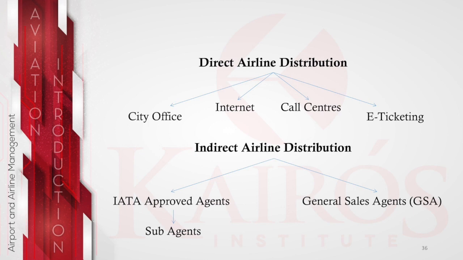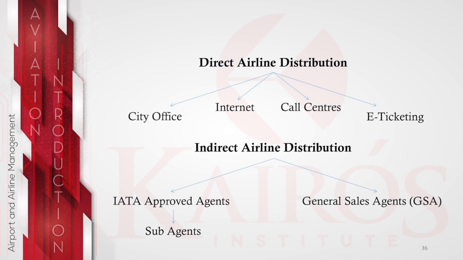Direct airline distribution: they sell through their city offices, which are closer to the airport, through the internet, through the airline company's call center, and e-ticketing through their app. Indirect airline distribution.